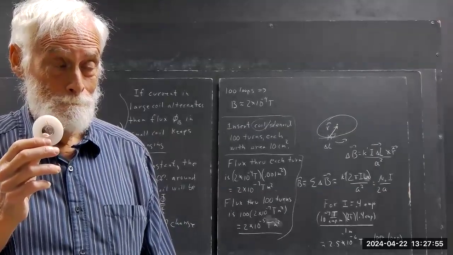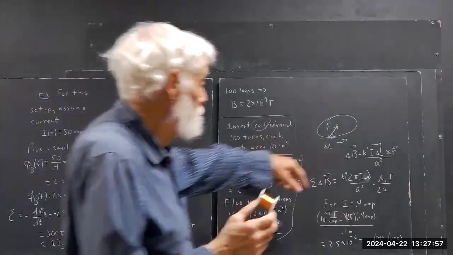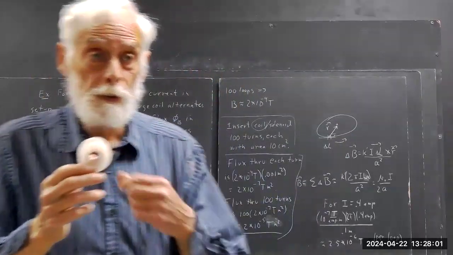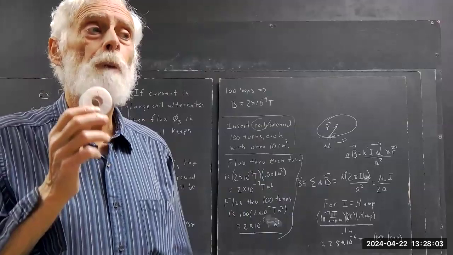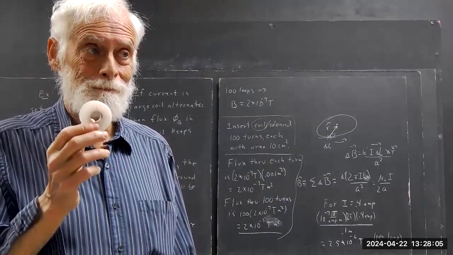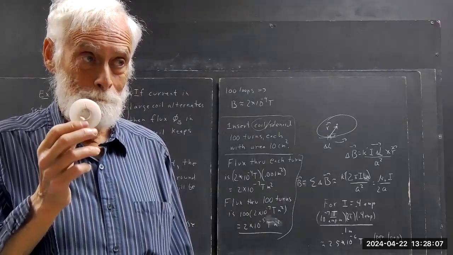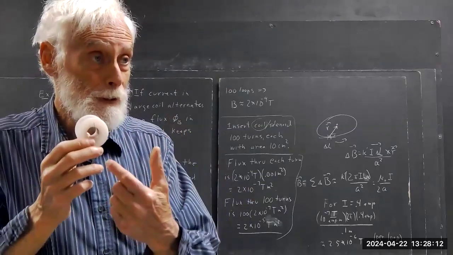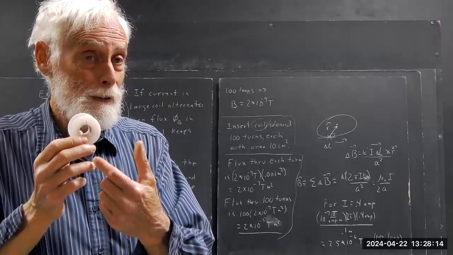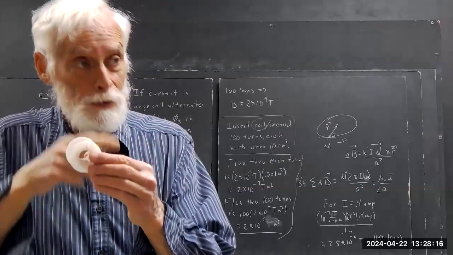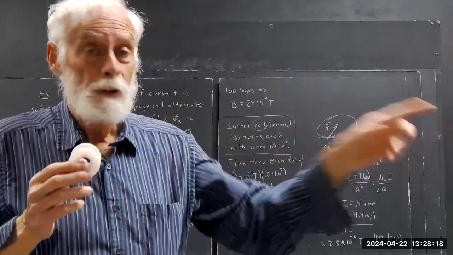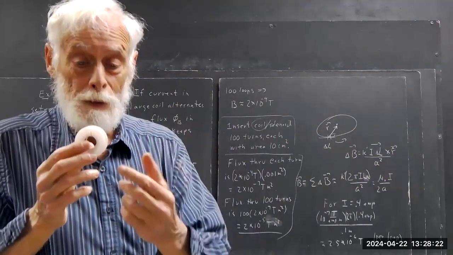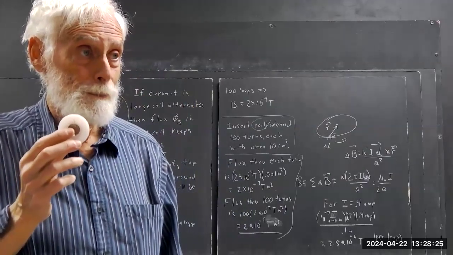You always say the loop creates a magnetic field within it. These loops create a magnetic field in here, and that magnetic field opposes the increase. So that magnetic field creates an EMF in these coils that counters the tendency for the EMF induced by the Helmholtz coils to increase current, okay?